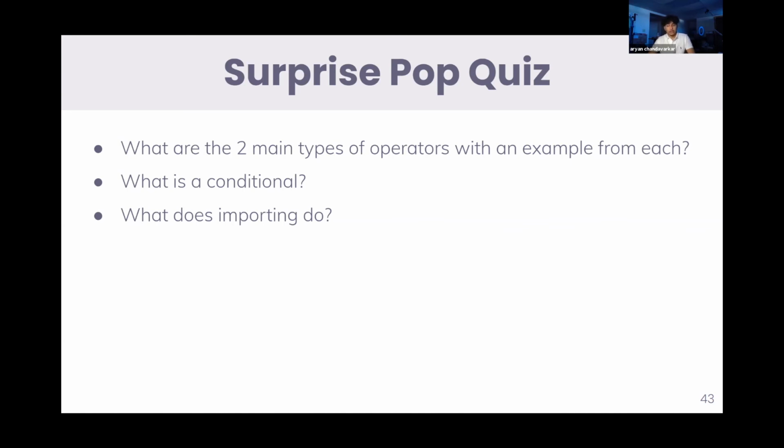If and else, that's a good guess, but that's actually the 2 types of conditions. So that answers the second question. But does anyone remember what the operators are? It has to do with if and else statements. No, true and false. That's another good guess, but that's just the Boolean values.